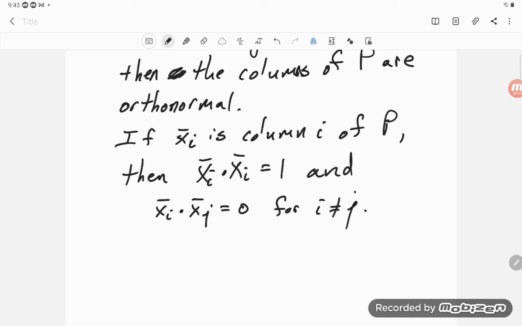So the columns are orthogonal to each other, and the vectors themselves, with themselves, are unit vectors. So they're unit vectors that are orthogonal to each other.